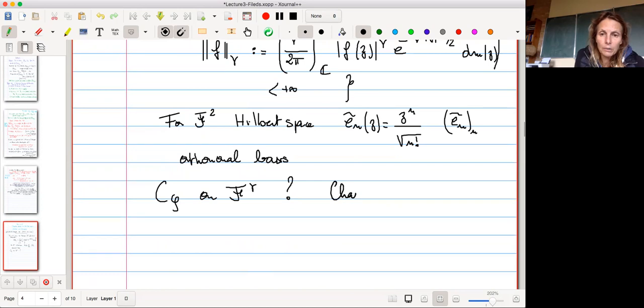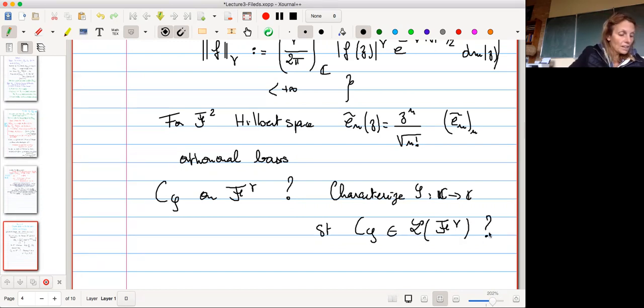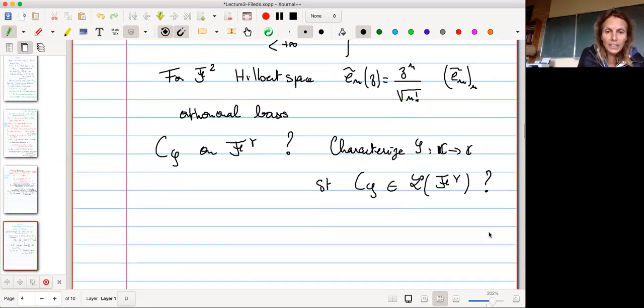So we would like to characterize phi such that C phi is bounded. It was done in 2003 by Carswell, MacCluer, and Schuster.